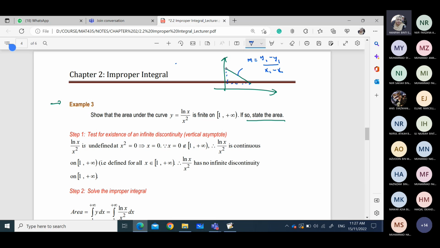So kat sini you ada point dia, this one is about x1, y1, and this point it is about x0, y0.